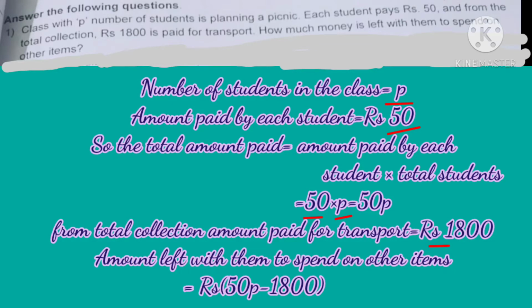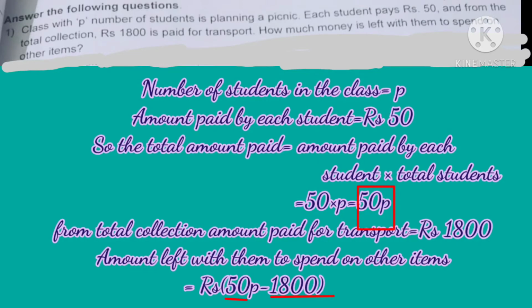That is rupees 1800. So now we have to find out the amount left with them to spend on other items. So you have to subtract this 1800 from the total amount, that is 50p is the total amount, and you have to subtract 1800. So this is the equation for this.